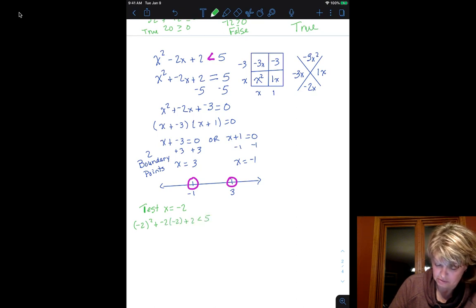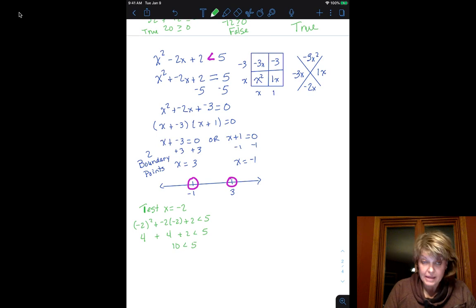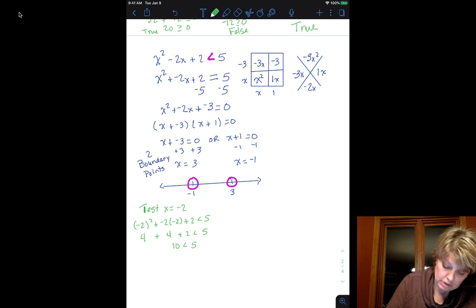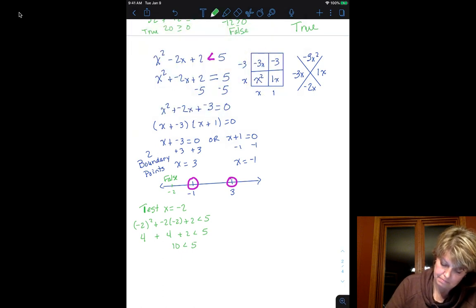Is that less than 5? Four plus 4 is 8, plus 2 is 10. Is 10 less than 5? 10 is not less than 5, so I'm not including it. So this makes it false. Remember, I chose -2 over here, and it made it false. So therefore, I am not going to shade in that region.